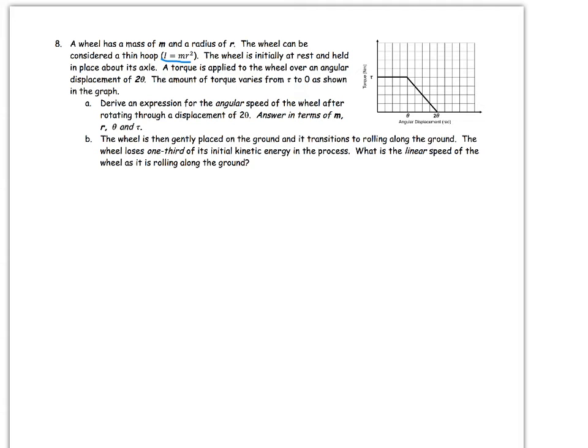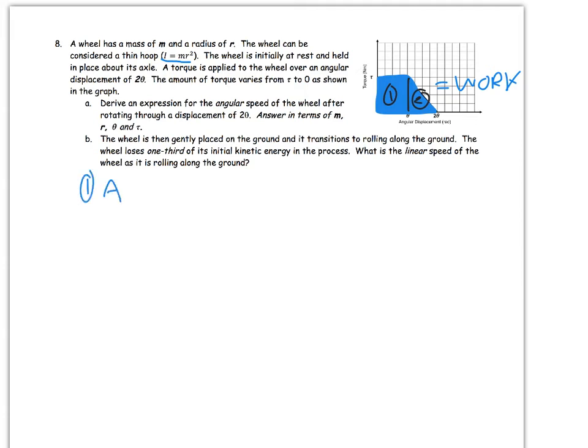The thing that I'm going to start with here is using this graph. We've got to know this. This is a big idea, that the area under the curve on that graph equals the work done on the wheel by that torque. So I'm going to break this up into two parts, a triangle and a rectangle, and solve for that work, and then I'll worry about how I'm going to use that.